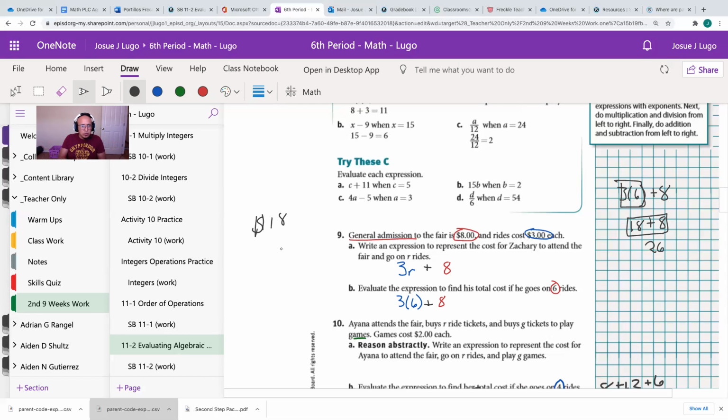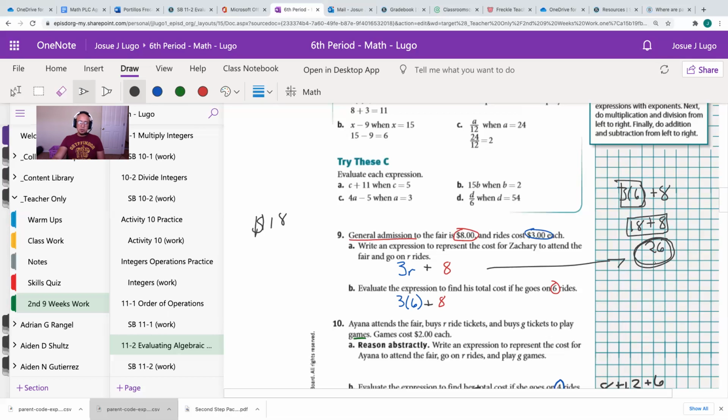And you're going to be like, well, we're only going on 6 rides, right? Well, 3 times 6 is 18. They're like, dude, you need money to get into the fair first. And you're going to be like, oh, that's right. And so guys, you need to make sure you bring those $8 too. So really, even though you only need $18 for the rides, you really need $26 because you need to get in the first place.